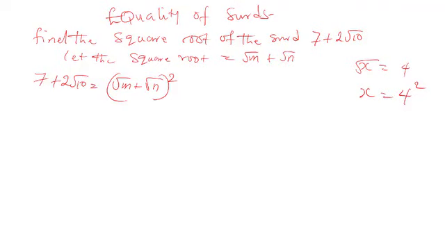The same thing applies here. If the square root of this is equal to this, then this will be this one squared.